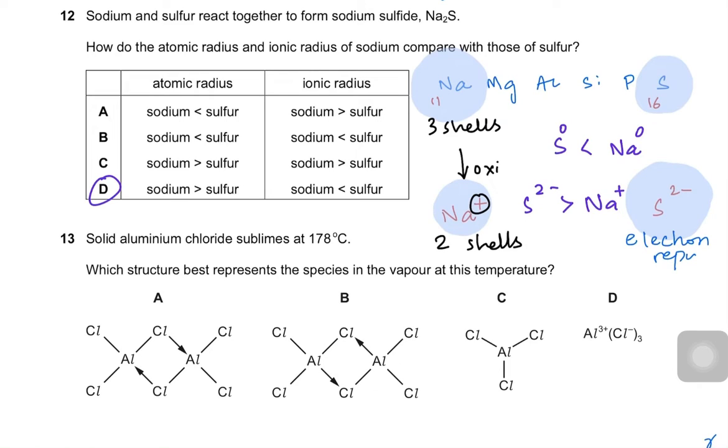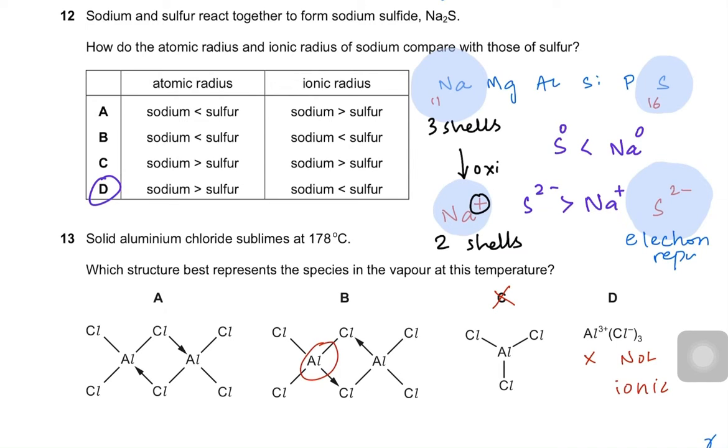It says solid aluminium chloride sublimes at 178 degrees. Which structure best represents a species in the vapor at this temperature? Aluminium chloride is not ionic. So D is a stupid answer because you can't have aluminium and chloride ions. It's not an ionic compound. It's not even C because aluminium chloride makes a dimer, where aluminium gets the lone pair from chlorine.